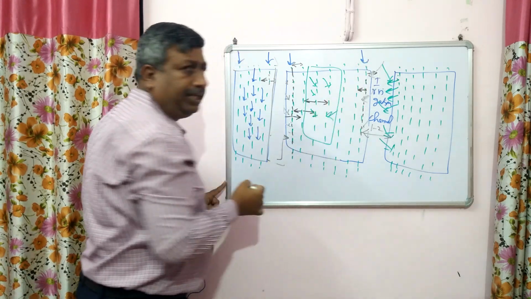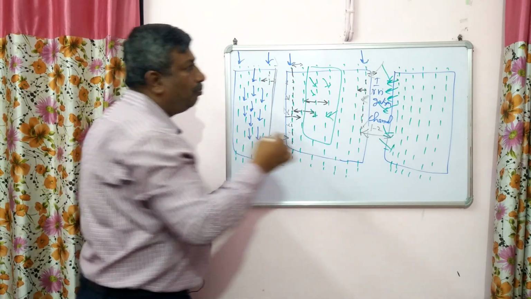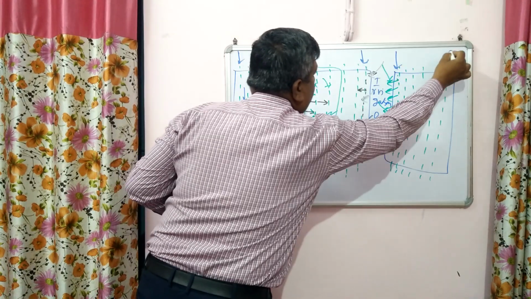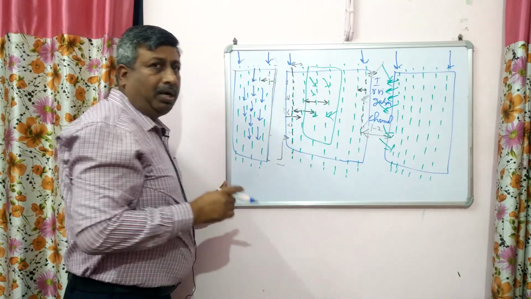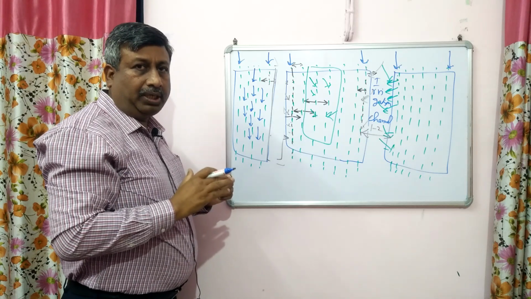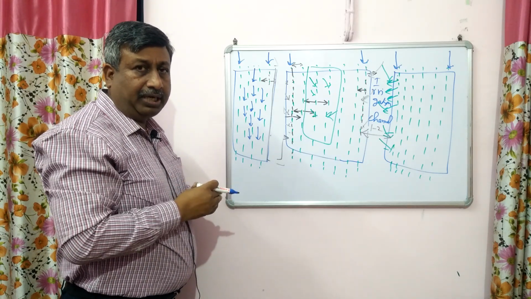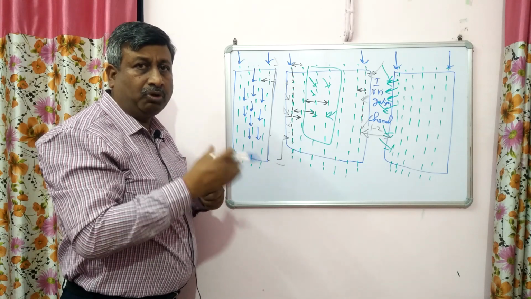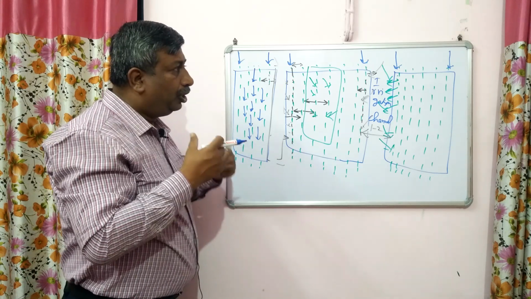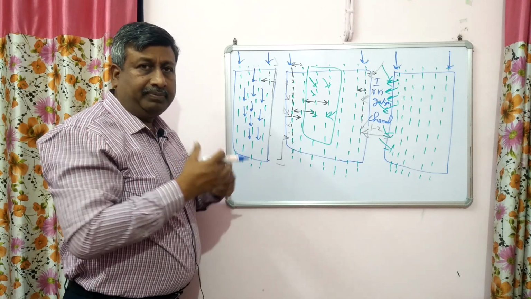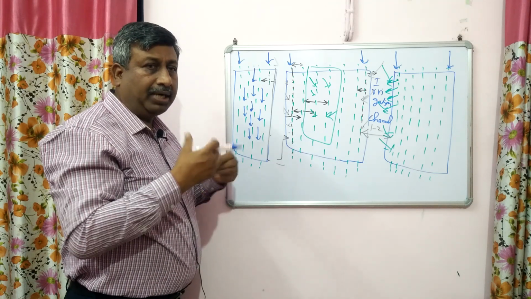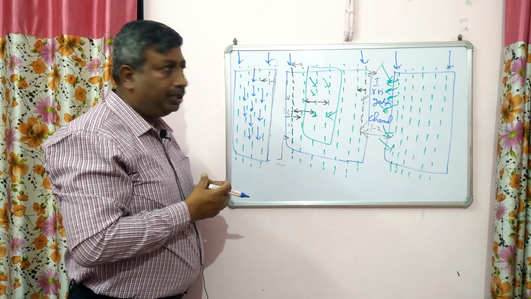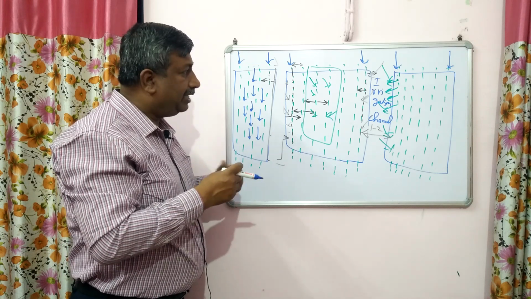So it means in each plot there are two border row, this one and this one. So border row are the last row and they face less competition and more availability of solar radiation, more availability of air, oxygen and CO2. That's why their growth is good, plant height is more, grain yield is more. So this condition creates more yield.